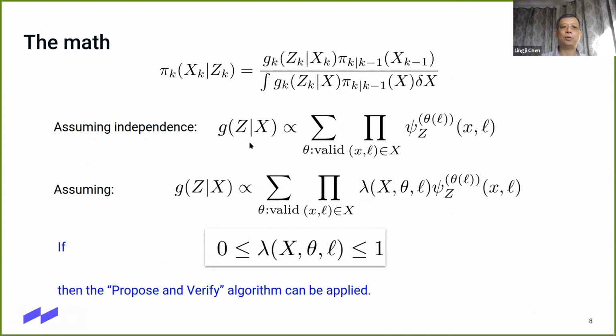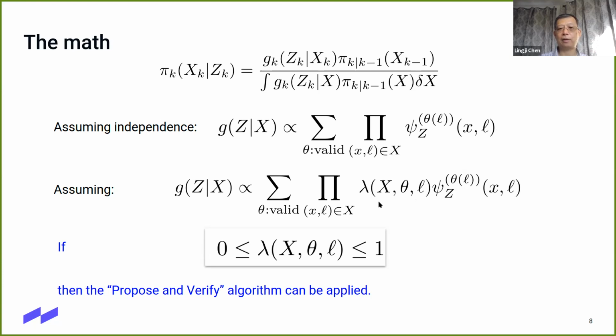Now, if we assume independence, then it takes this nice form. It's nicely factored. Each term has only one particular track, and that's why we can formulate a nice assignment problem. But we can extend this slightly.